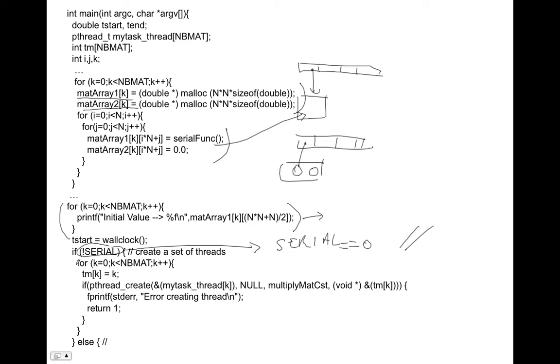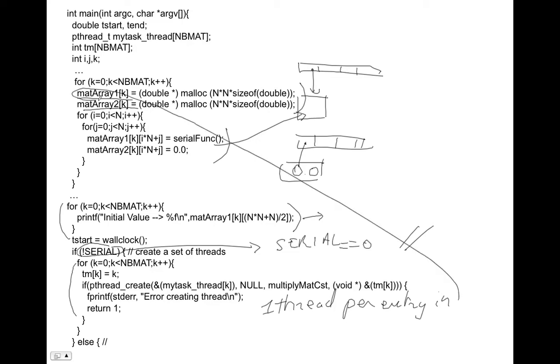So what I'm doing here, I create one thread per entry in this array. If you look at that, these will be the parameters for the thread to decide what is the data to compute in this thread, and the function that is called in the thread is this one.